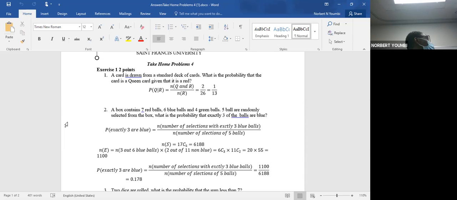The number of selections of 5 balls is 17 combination 5, because there are 17 balls in the box. The number of selections with 3 blue is taking the 3 out of the 6 and the 2 out of those balls that are not blue, which are 11.